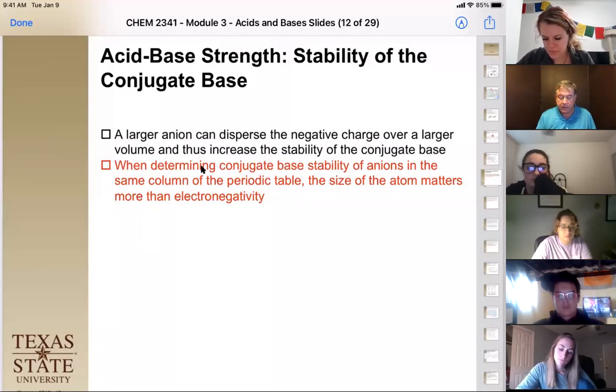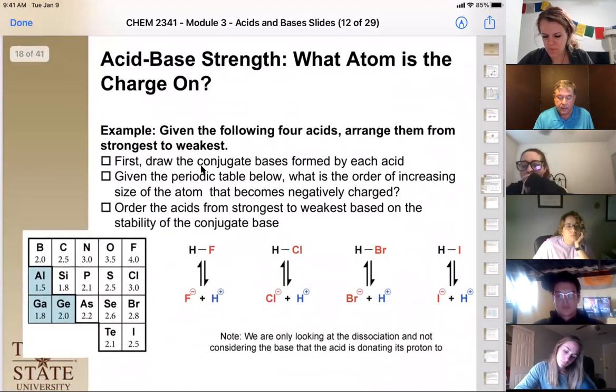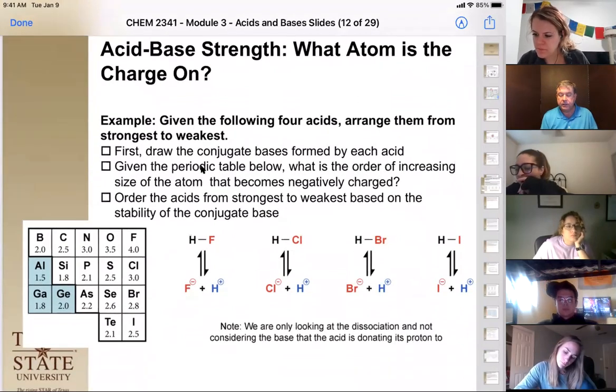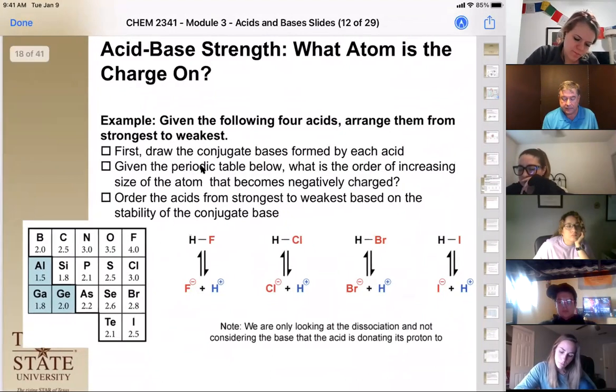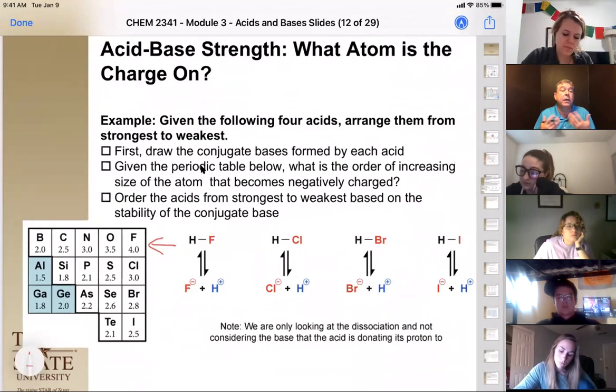So that's why if we look at the acid strength of the series HF to HCl to HBr to HI, the weakest acid is HF. It's not even fully dissociated when we put it in water. So it's actually a weak acid. It's not a full strong acid.